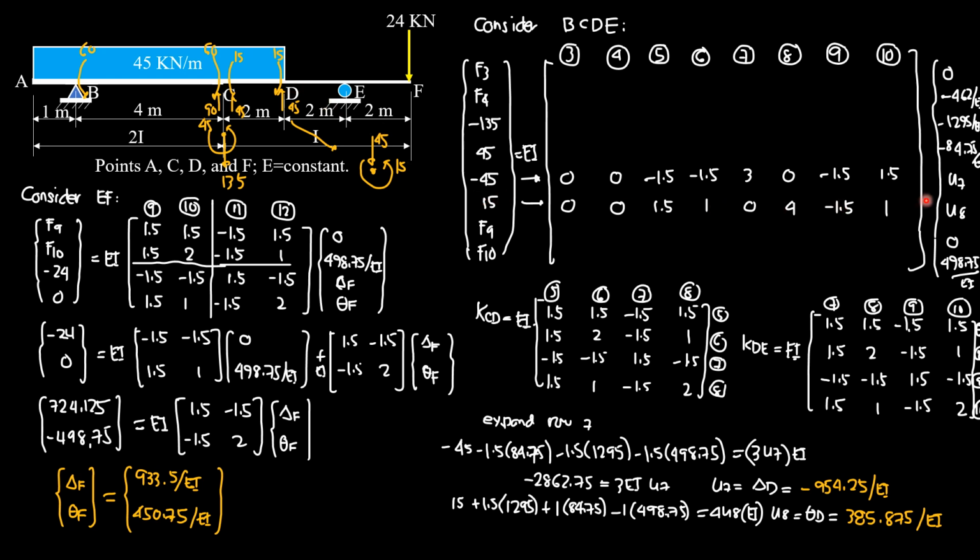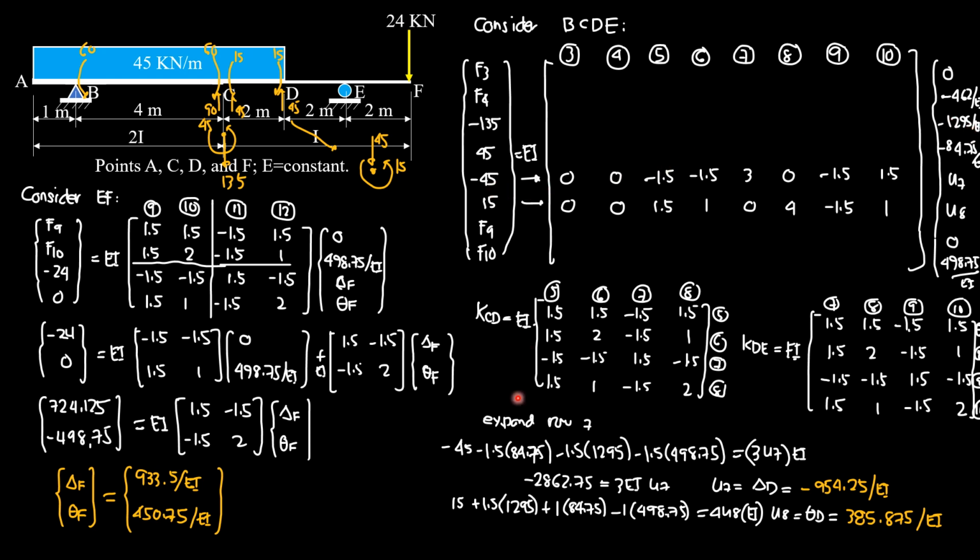So we expand row 7 therefore. So expanding row 7, we have negative 45, then 0 times 0 is 0, 0 times negative 462 is 0. Negative 1.5 times negative 1295 is positive to the left, so minus.